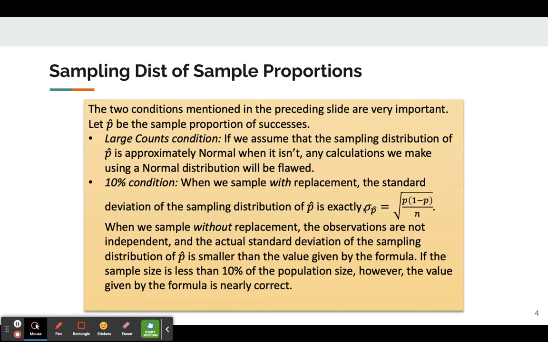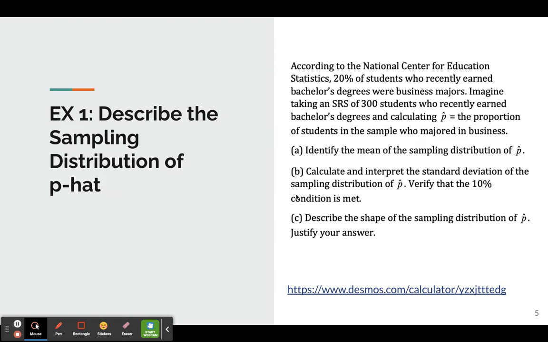But when we sample without replacement, the observations are not independent, and the actual standard deviation of the sampling distribution of p hat is smaller than the value given by the formula. If the sample size is less than 10% of the population size, however, the value given by the formula is nearly correct. All right, so that's why we need the 10% condition and we need the large counts condition.